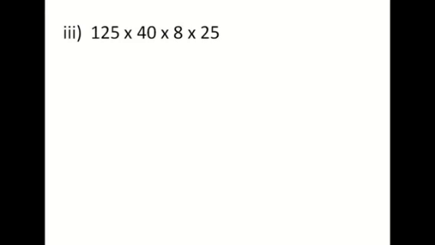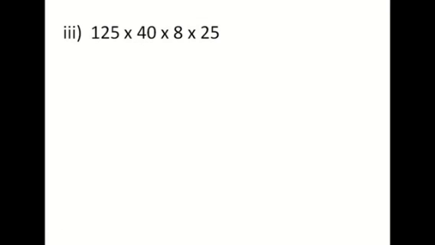Look at the sum here: 125 into 40 into 8 into 25. We have to find the product by suitable rearrangement. So how to rearrange them? When we are rearranging them, we are trying to bring them in tens, hundreds and thousands, so that our multiplication will be easier.